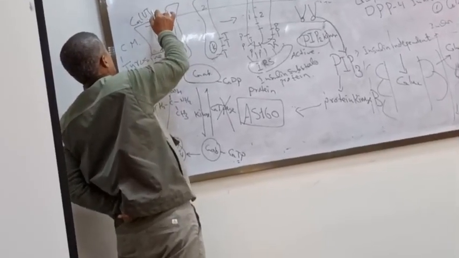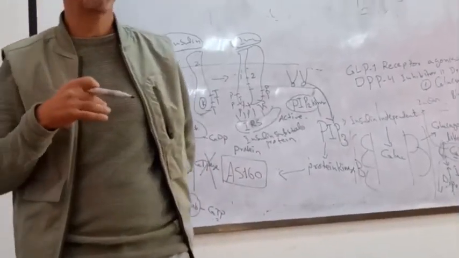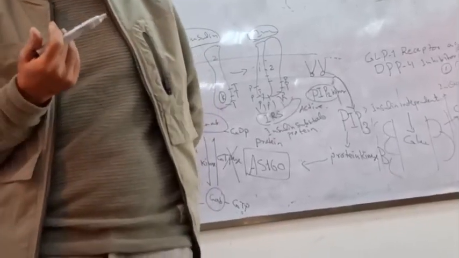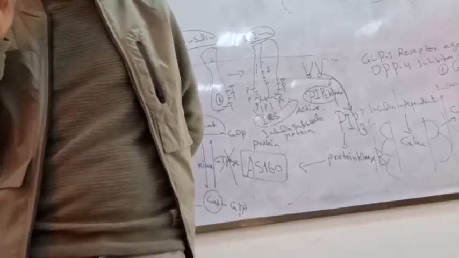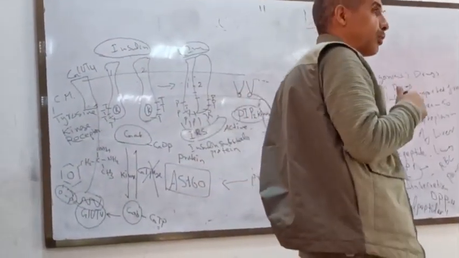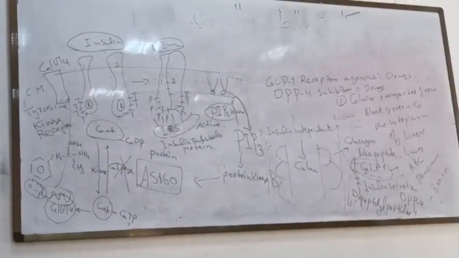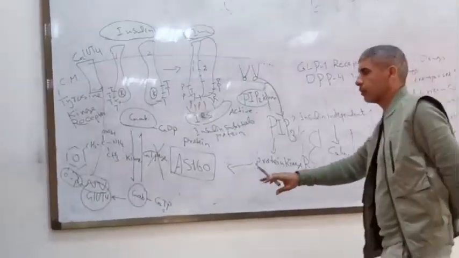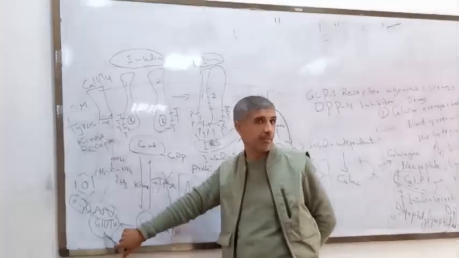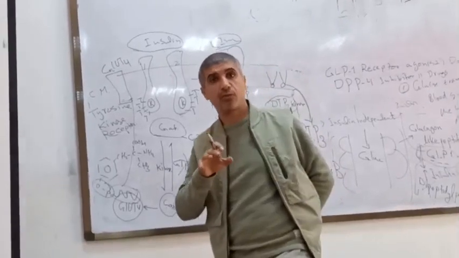All glucose transporters are located in the cell membrane except glucose transporter 4, which is located in the cytoplasm, and insulin is very important for the translocation of glucose transporter 4 from vesicles in the cytoplasm to the cell membrane. So this is the mechanism of action of insulin.